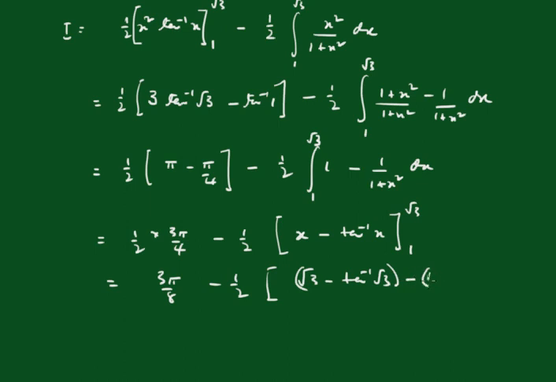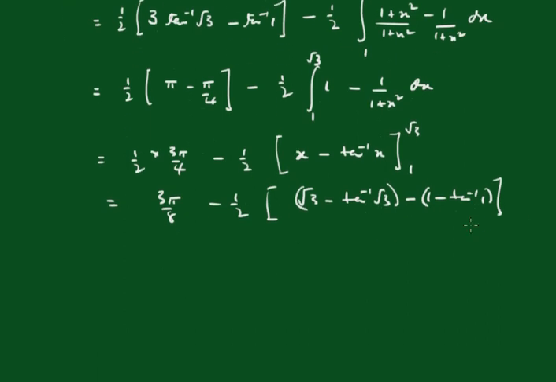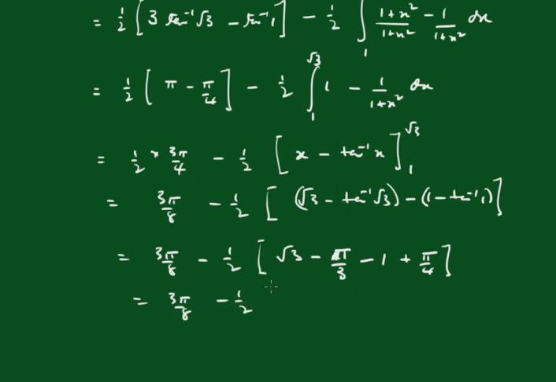And that's 3 pi on 8 minus a half, and this will be root 3 minus, the inverse tan of root 3 is pi upon 3, minus 1. This will be plus pi upon 4, which is 3 pi upon 8 minus a half bracket.